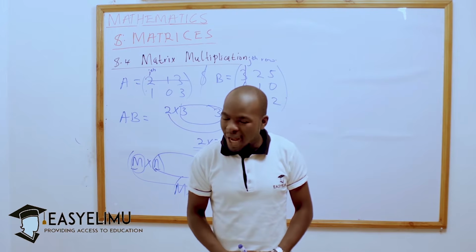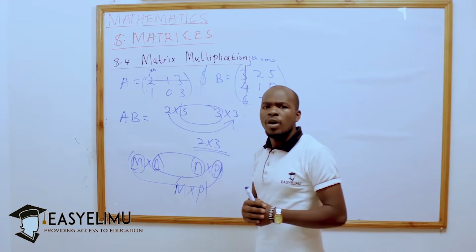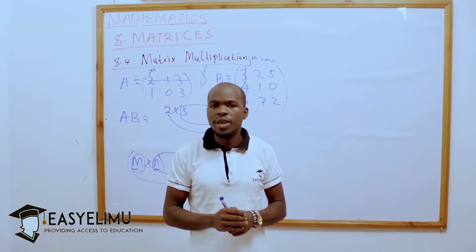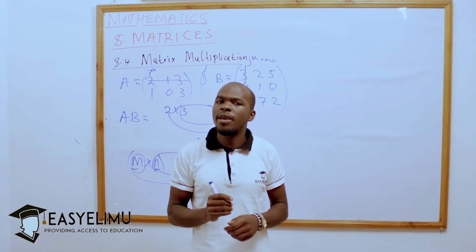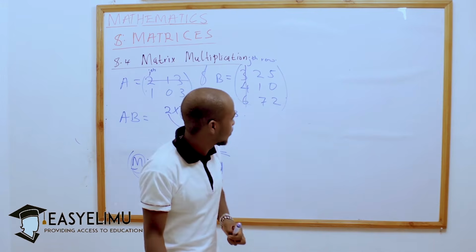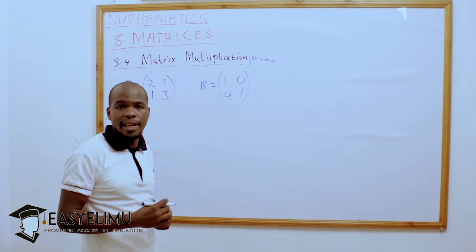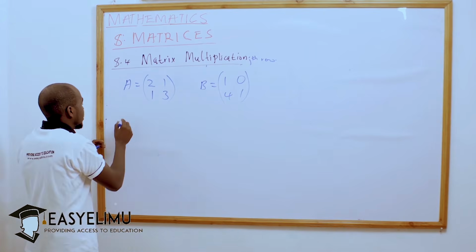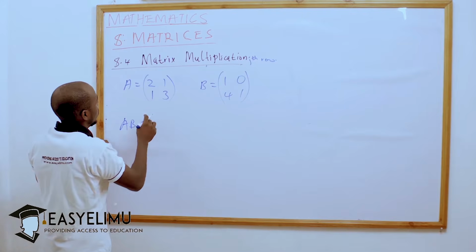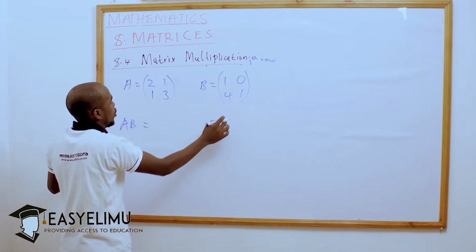Let's test what happens if we have two matrices A and B, and we are asked to find AB, but somebody finds BA instead of AB. What will happen? Let's see. In case we have a matrix like this, and you are being asked to find AB, then on finding AB, we are going to take a row multiplied by a column.